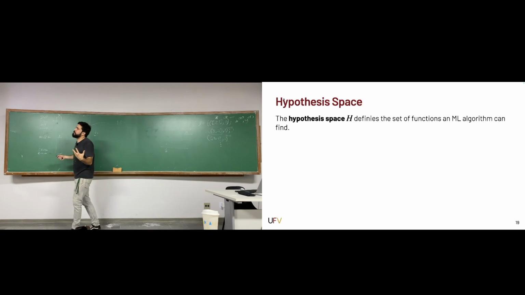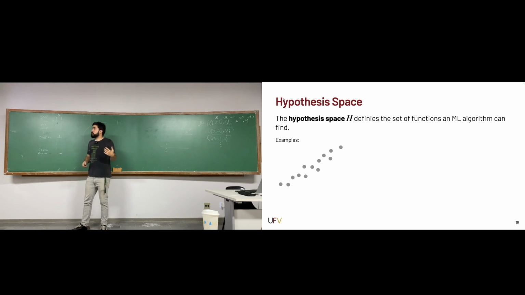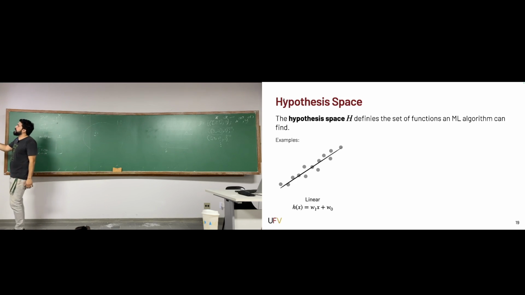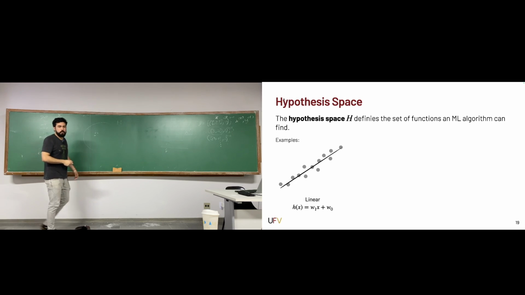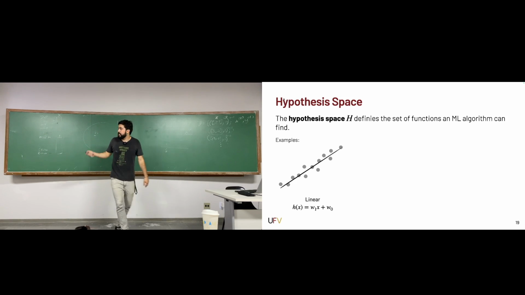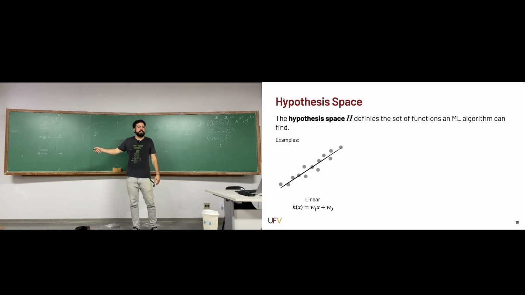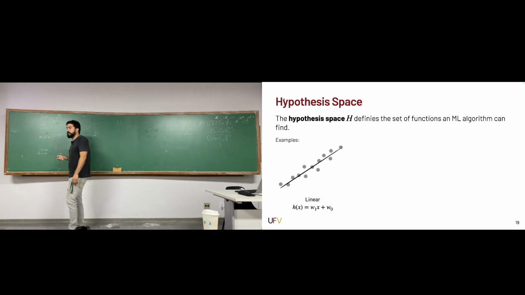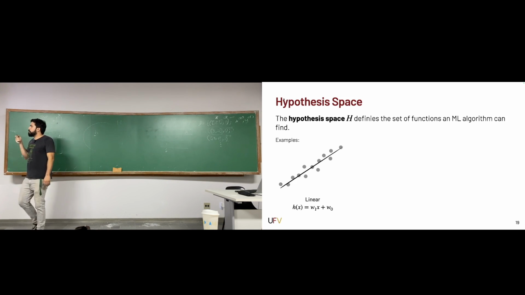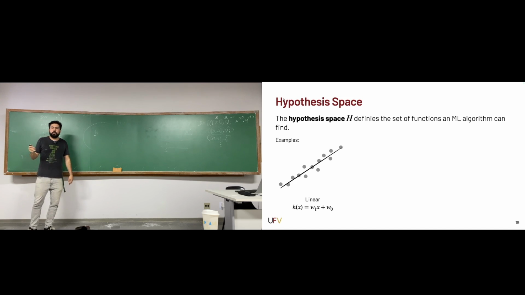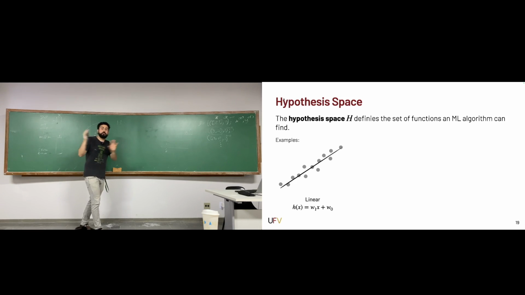So let's see some examples of hypothesis space. I could define my space H as the space of all linear functions. See, this is an infinite set. There are infinitely many linear functions. But it's a well-defined space. When I say I'm going to search for linear functions, I'm throwing away quadratic functions.